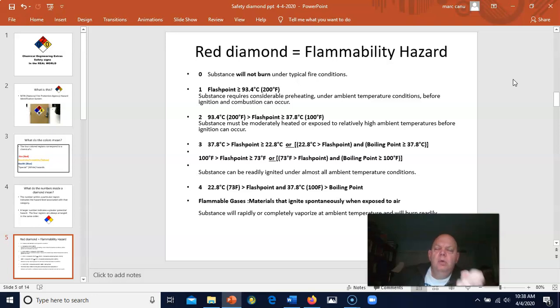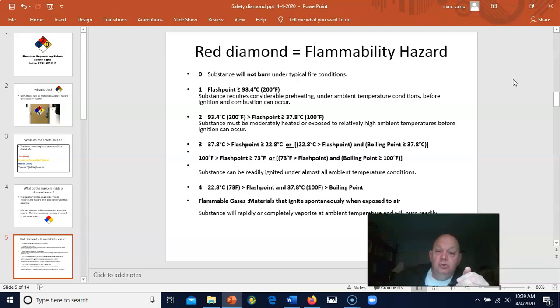A flash point is the temperature at which it will burst into fire. So you can see here the flash point needs to be more than about 200 Fahrenheit or 93.4 Celsius. It needs quite a bit in order for whatever the substance, object, liquid, powder, whatever it is, to catch on fire.